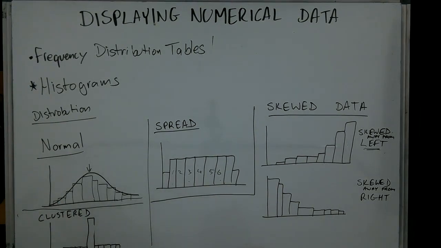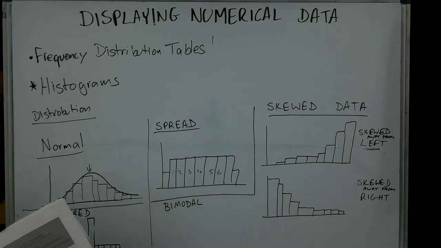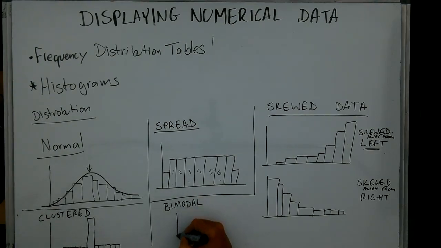And the last type of distribution, which I'll squeeze in at the bottom here, is called bimodal. I'm sure you've come across the mode of a set of data before, but we will cover that. Bimodal essentially means that there are two scores that have peaks.